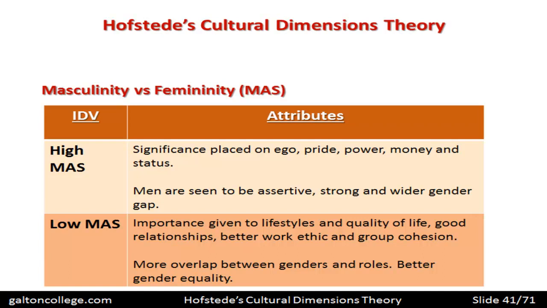And also, females are entering the workplace and achieving significant positions. So there is a blurring to some extent of the difference. Nonetheless, according to Hofstede, this is the index, and this is what we should look for.